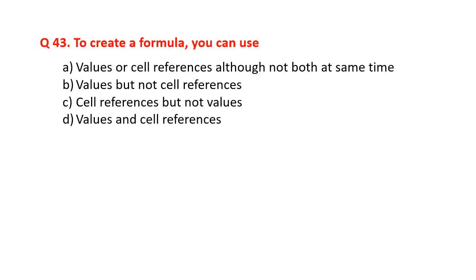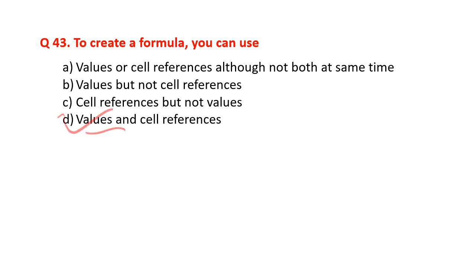To create a formula, you can use option A, values or cell references, although not both at same time. Option B, values but not cell references. Option C, cell references but not values. Option D, values and cell references. So option D is the right answer.